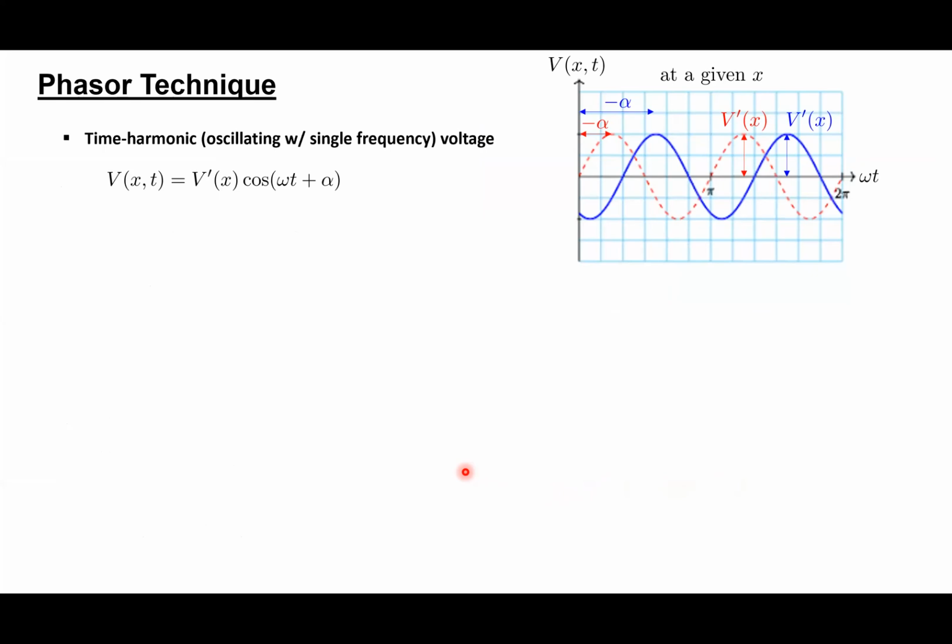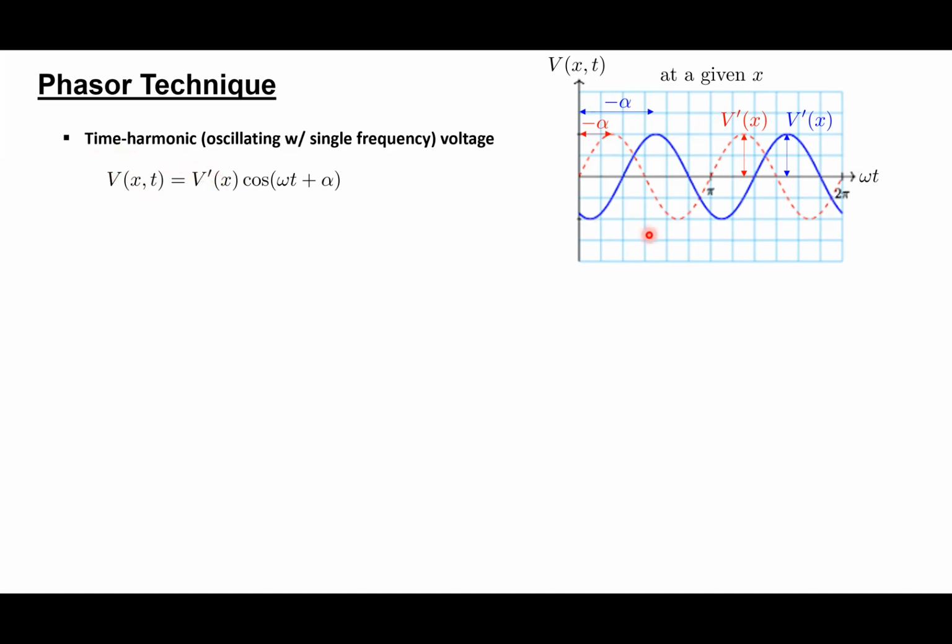So then let's look into the phasor technique. The first assumption that we need to make is to consider an arbitrary voltage in the circuit, which is measured at a specific position x and time, and we're going to assume this voltage is time harmonic.